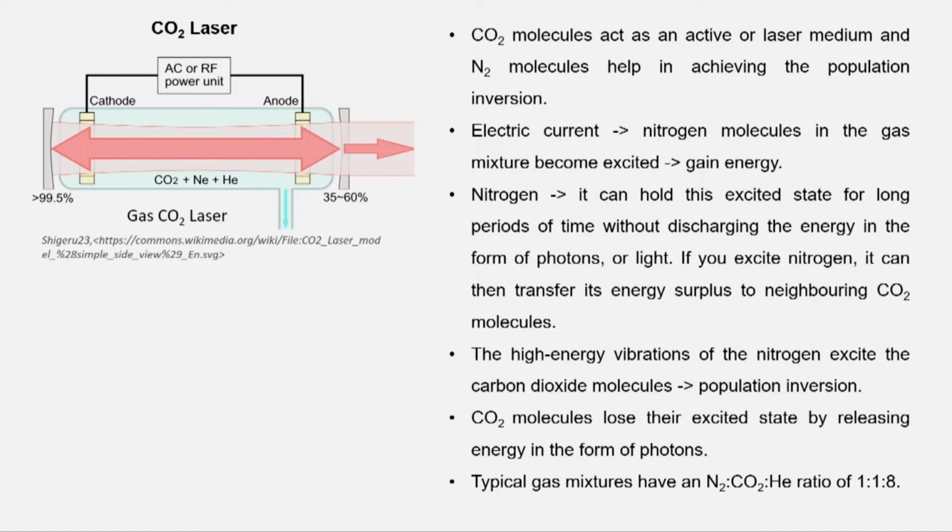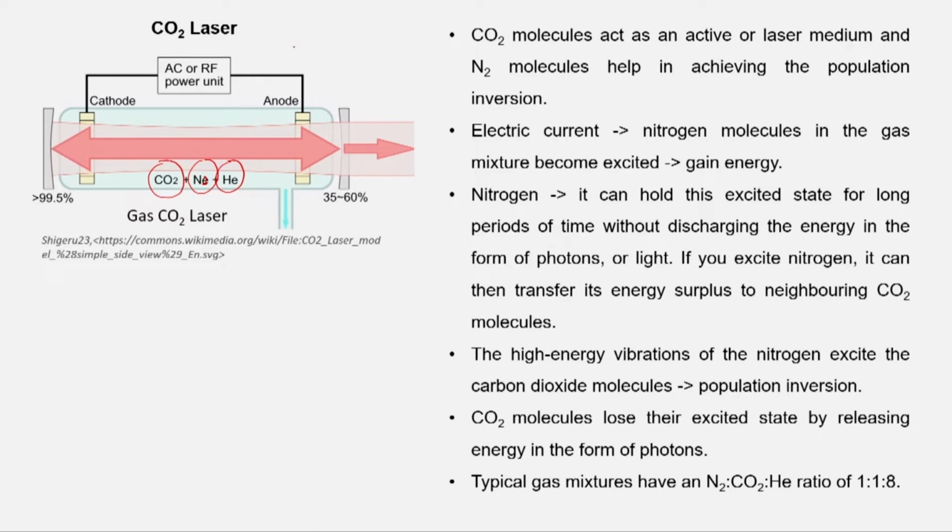You can see we have a tube, and inside the tube we put a mixture of gases: CO2, that is carbon dioxide, then nitrogen and helium. Nitrogen and helium are mixed along with the CO2 to get the required CO2 laser.